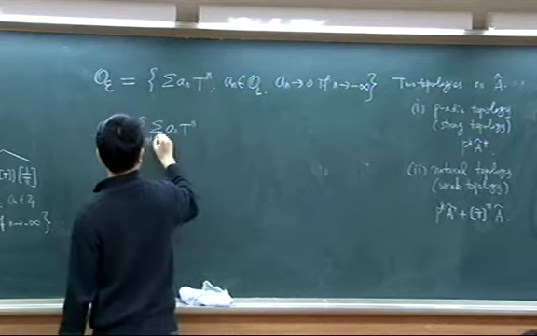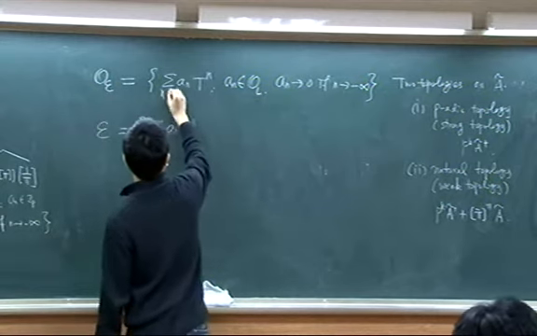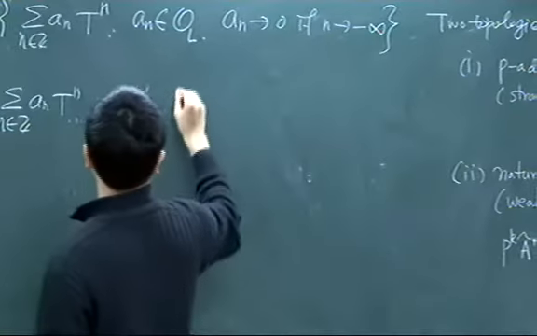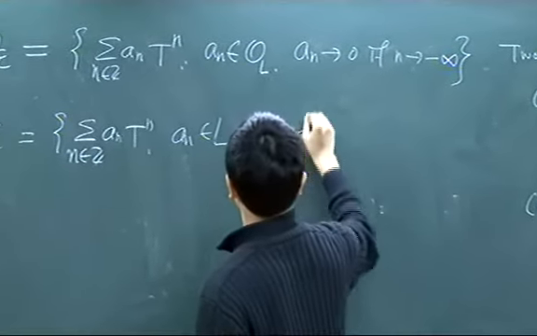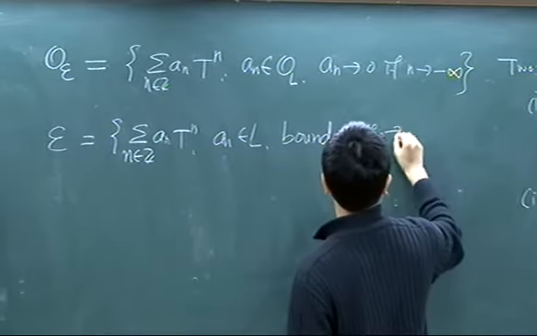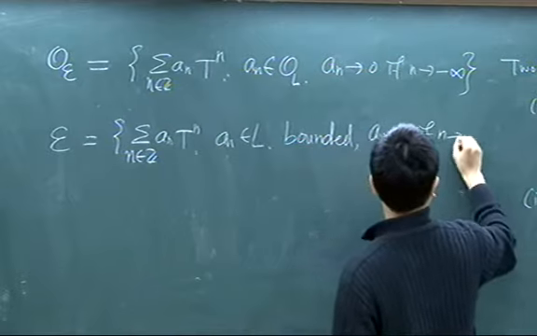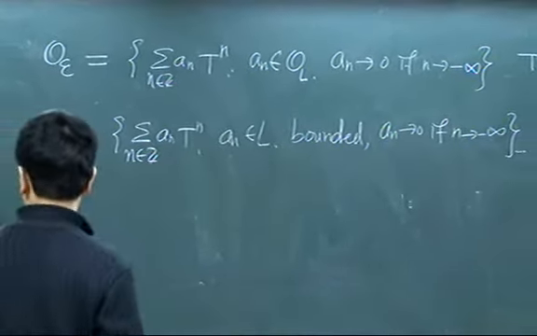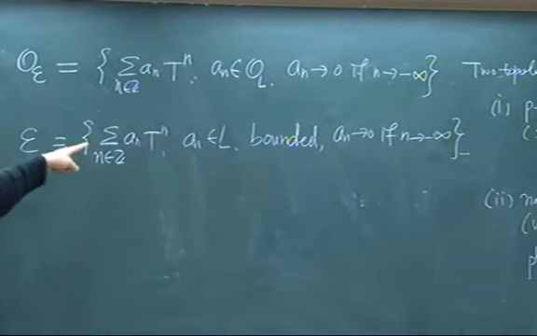Or you have E. So it's a in Z, an is contained in L and bounded, and an goes to 0 if n goes to minus infinity.